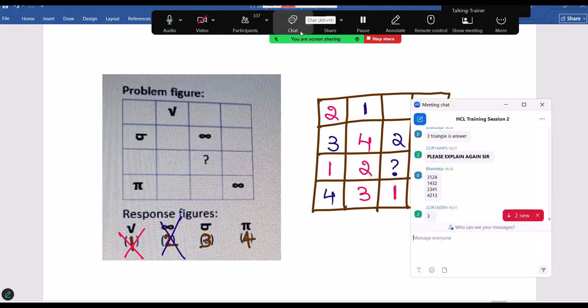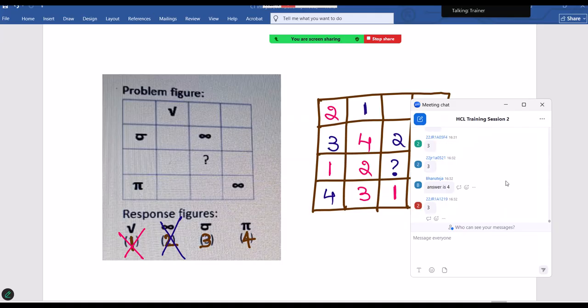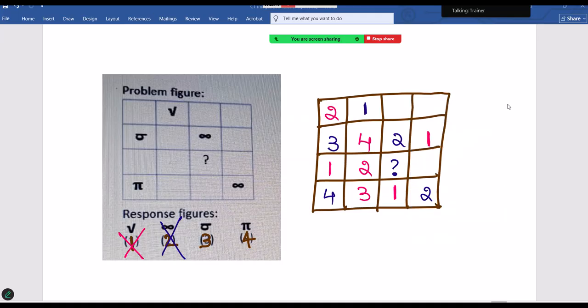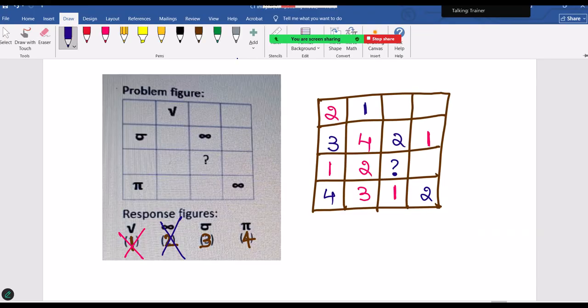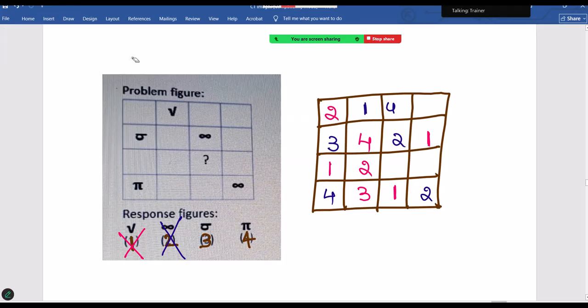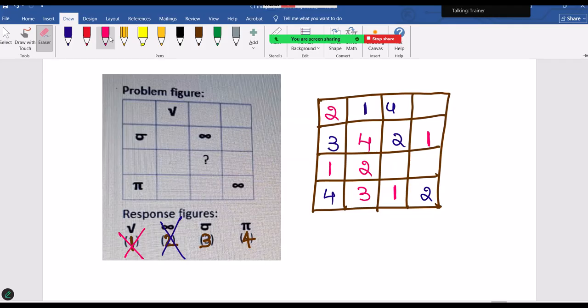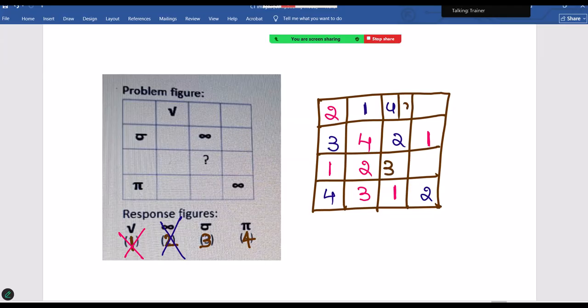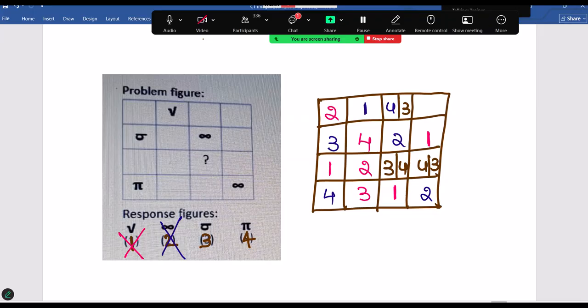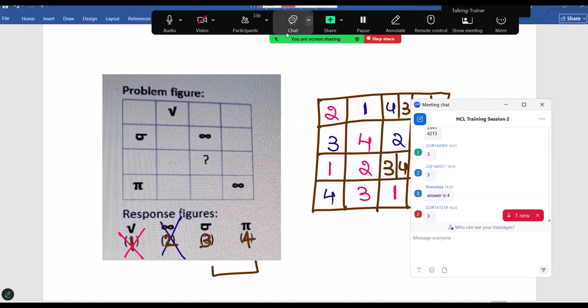My dear friend, both answers 3 or 4 are correct. Now, I'll put it here. If this is 4, listen, you check clearly, this will be 3. If this is 3, this should be 4. If this is 4, this should be 3. See, both are correct actually. That's the problem in the question.